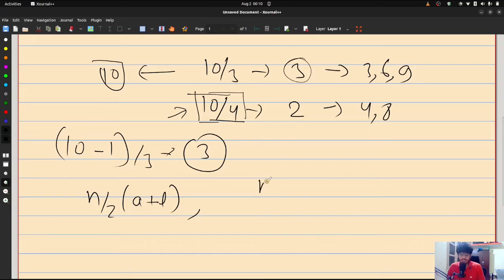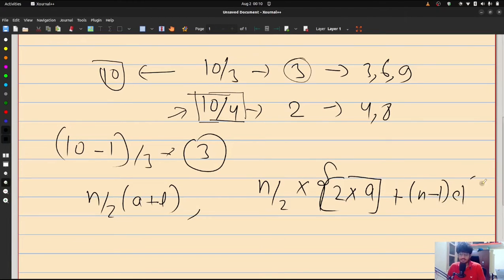Or we can use n by 2 multiplied by (2a plus (n minus 1) times d), where n is the total number of elements we have and d is the difference in the sequence. So this can give us the total sum of the multiples.